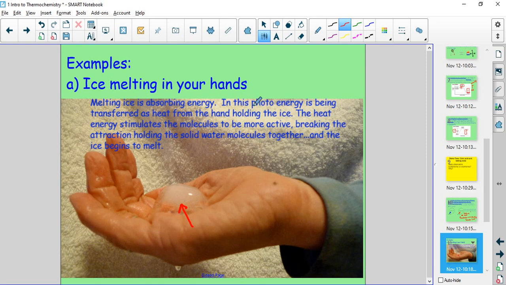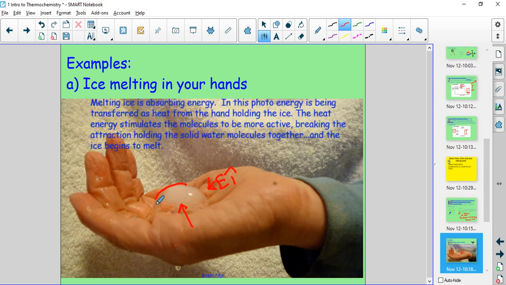What's happening in these ice cubes is that little water molecules are beginning to move around faster. So we get kinetic energy increasing. And as they move around faster, it's breaking those intermolecular forces, those intermolecular bonds, holding them in this solid state, changing it therefore to a liquid state. In other words, it's melting. So this energy is moving from your hand into ice.